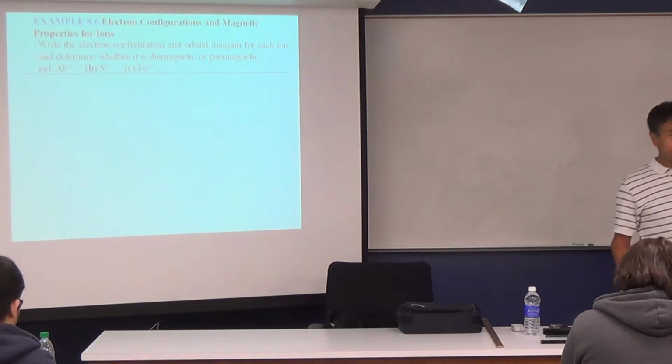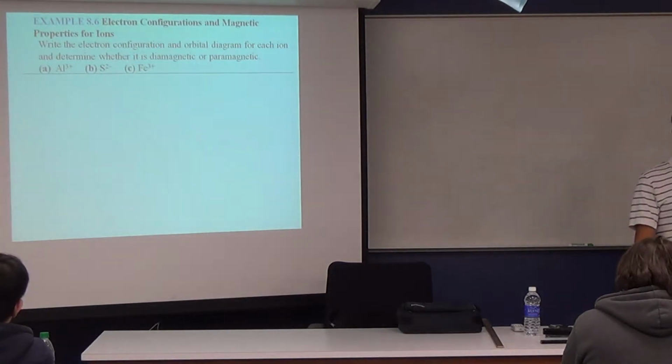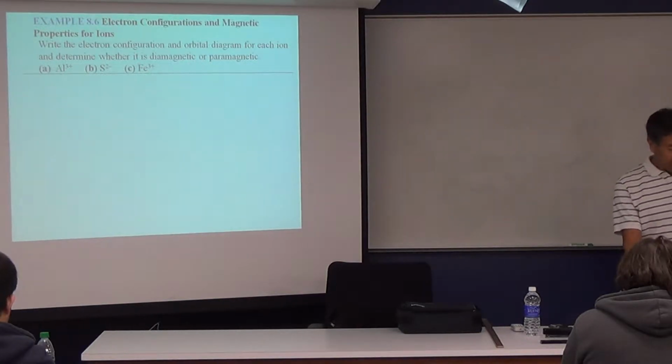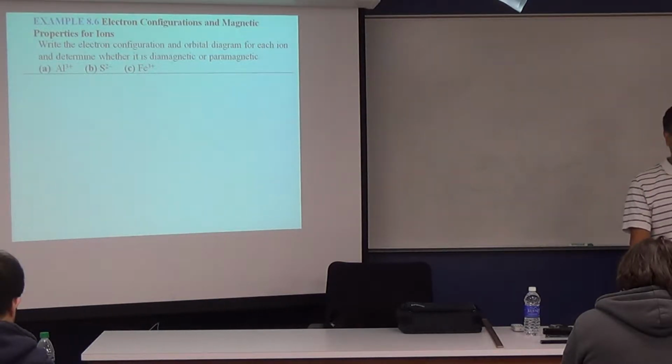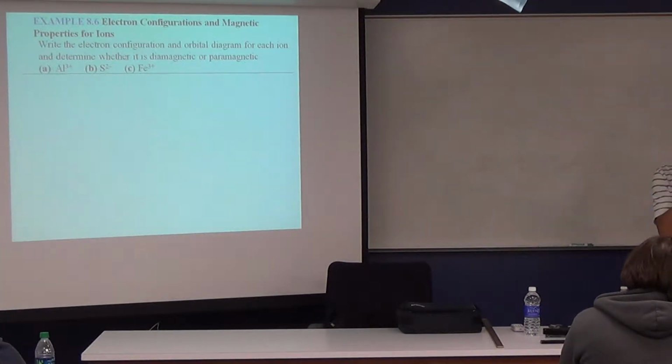For transition metals, the last electron you put in is the (n-1)d, but you take the electron away first from the s. We'll see one example on this slide.